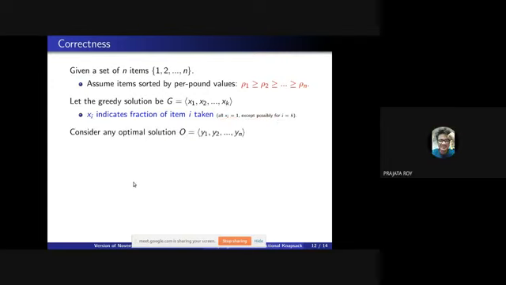Now suppose you are saying, sir, it is not the optimal solution, and the optimal solution is something else. Okay, fine, give me that. So this is the optimal solution, as said by you.